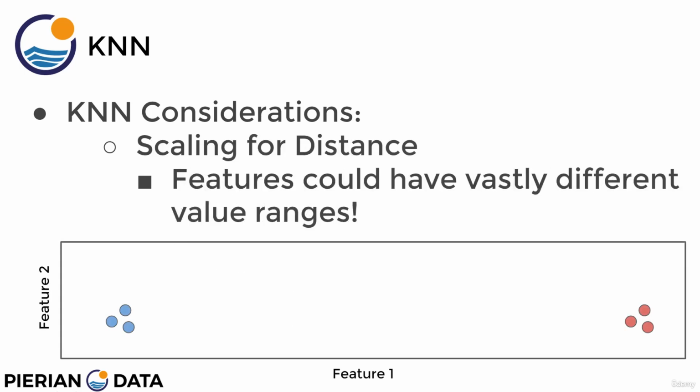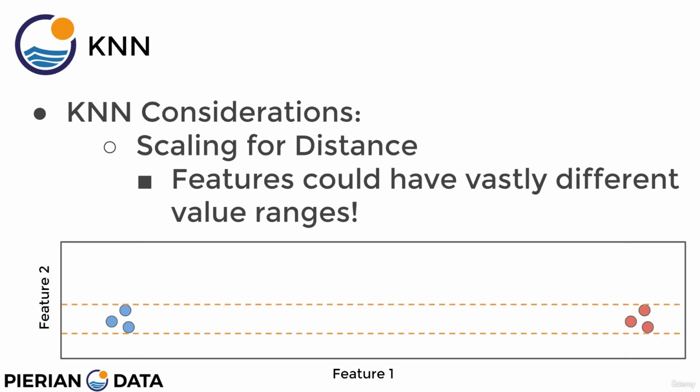Another consideration you should make for k nearest neighbors is should you scale the distance? In general, you should consider that features could have vastly different value ranges. Here we can see that these points are very far apart along feature 1, but very close together along feature 2. So you can see again, along feature 1 these points are far apart, but if you were to take a look at just feature 2, it looks like they're almost the same values.